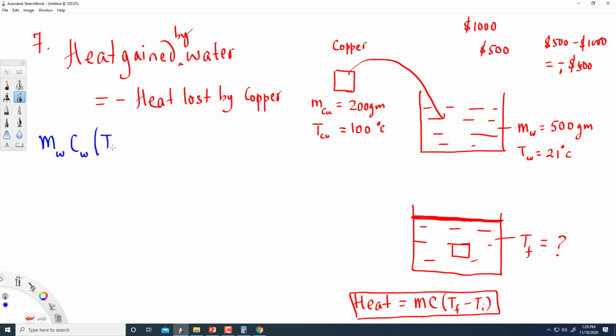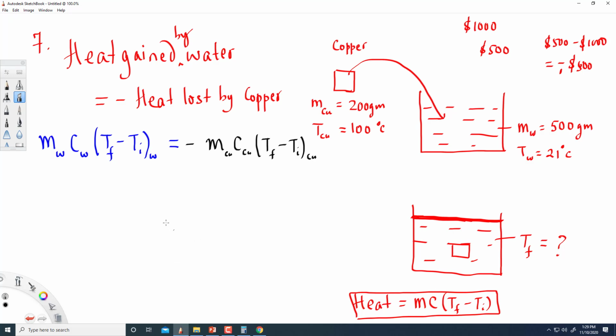Change in temperature is final minus initial for water. Okay. Likewise, heat lost by copper. Heat lost or heat gain is given by this formula. So mass of copper, specific heat capacity of copper, and change in temperature of copper, T final minus T initial of copper.